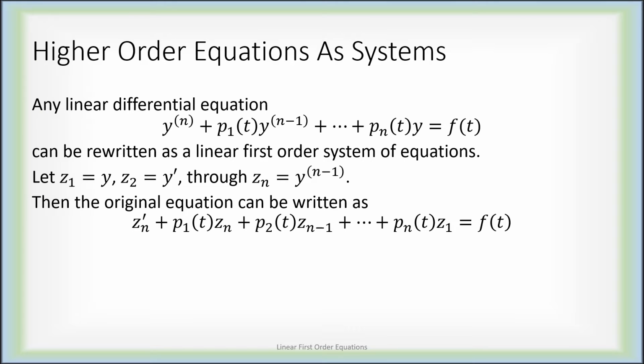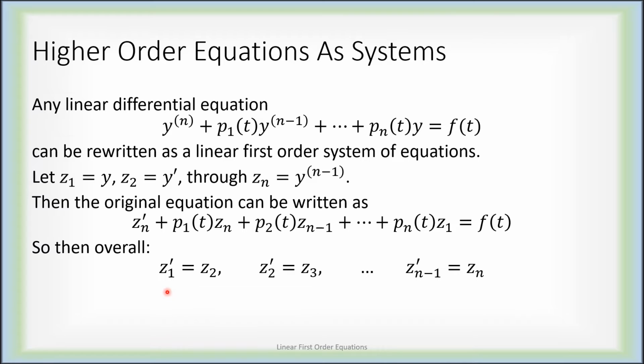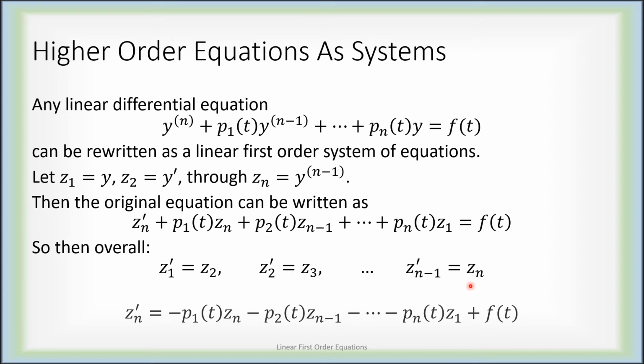appeared was right here. So overall, note now that z1 prime, well, z1 was y, so z1 prime is y prime, which is z2. z2 prime would be y double prime, which is z3, and so forth. So z1 prime is z2, z2 prime is z3, all the way up to zn minus 1 prime is zn.